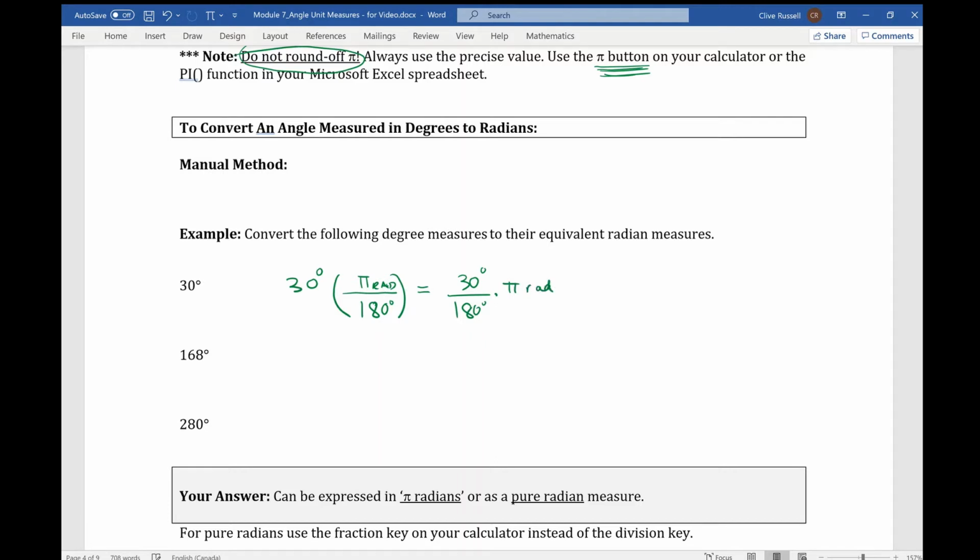You could either put 30 over 180 using your fraction button, or you just know that 30 into 180 is 6, so it's going to be pi by 6, or 1/6 pi radians. So now this is in pi radians, your answer.